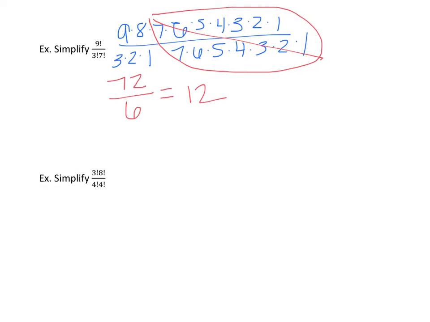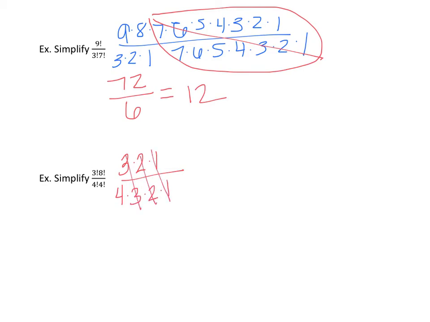Okay, simplify 8 factorial over 3 factorial, 4 factorial, 4 factorial. So my 3 factorial is going to be 3, 2, 1, and my first 4 factorial is 4, 3, 2, 1.